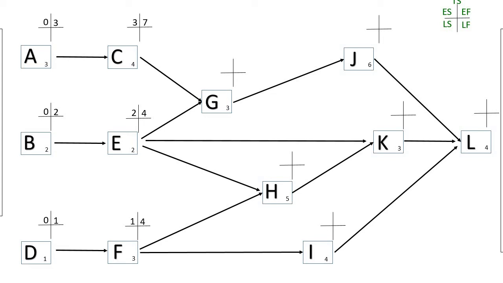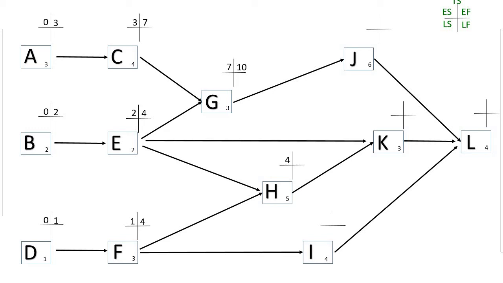So it doesn't matter that activity E could finish on day 4, activity C would still be going on. So the earliest start that activity G could have would be on day 7, and that would go into our box there. So activity G, the early start would be on day 7 plus the duration of 3, the early finish would be day 10.